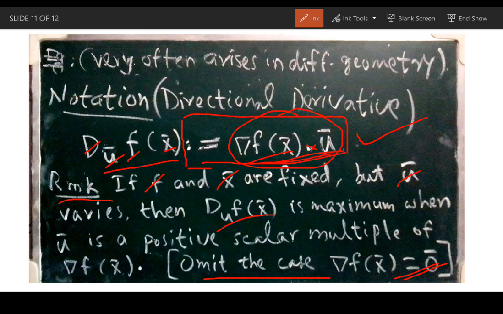So you have a non-zero vector del f at x, and we have inner product with u, and this inner product is maximum when u is in the direction of del f. When u is a positive scalar multiple of del f, this directional derivative is maximum. Hope you understood.